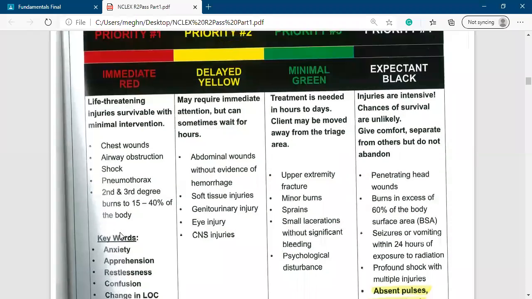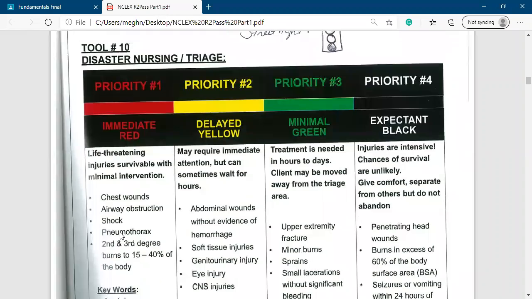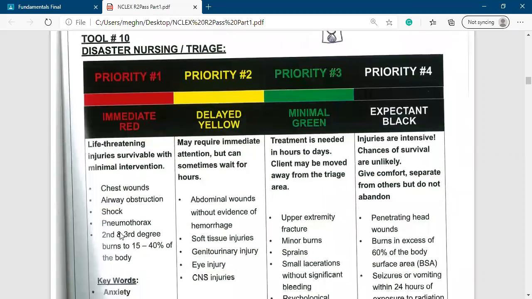Now go to category type 3, called class 3 or green tag. Class 3 or green tag is called minimal. So class 3 or green tag, this is a minor injury. Minor injury does not require immediate treatment like red tag or yellow tag.